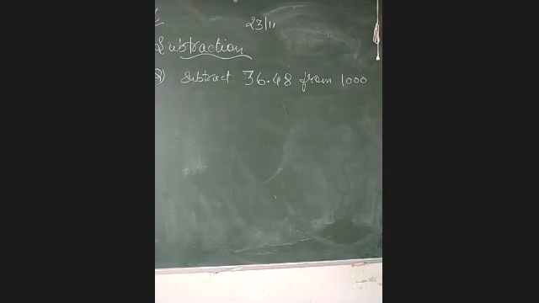I want answer from all 19 students who are joined. All 19 students. Please do it little faster, beta. Very good, Ayushi. Rest students, do it faster. Rishit, yes ma'am, understood. Okay, Rishit, jaldi jaldi karo beta.